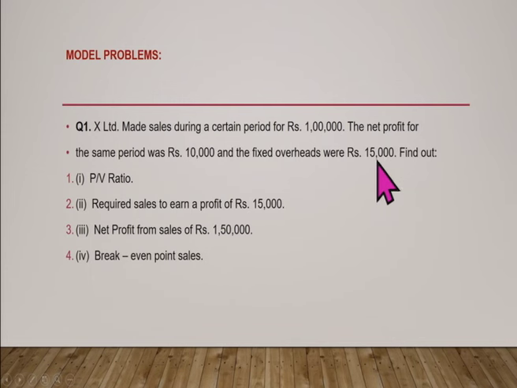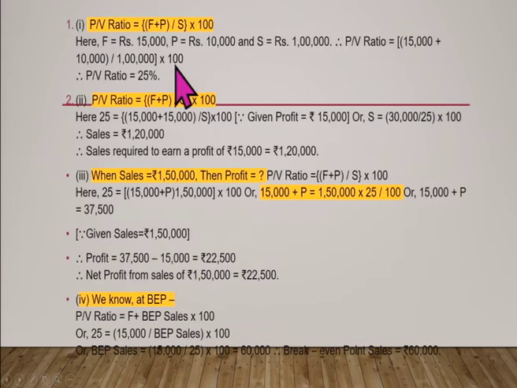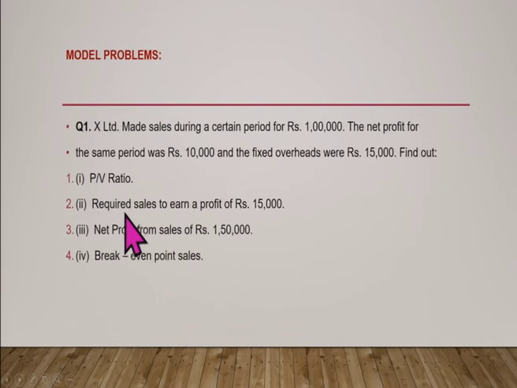So, 25,000 is the contribution, and contribution divided by sales of 1 lakh. So, 25,000 divided by 1 lakh of sales, that is PV ratio equal to 25%.